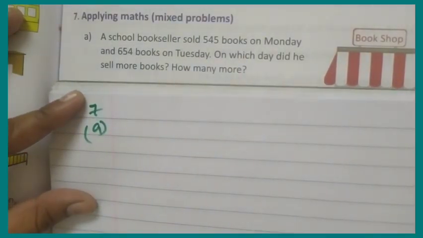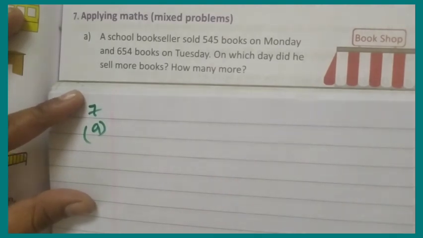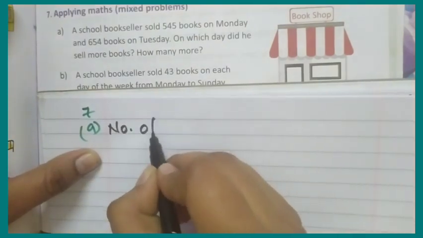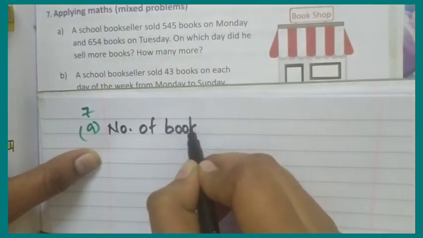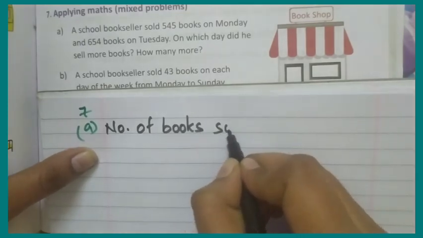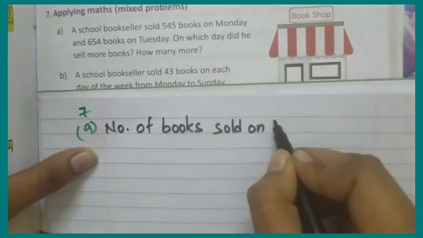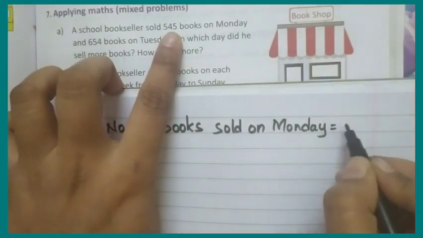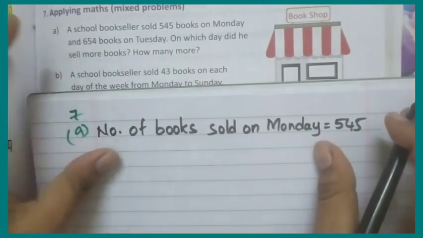Okay, first we'll write number of books sold on Monday. How many? 545.